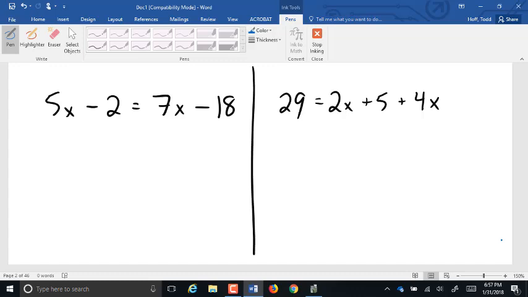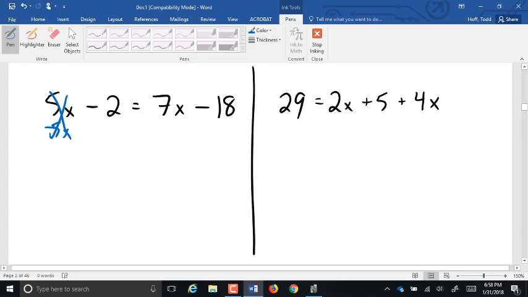Well, before we start solving, we've got a variable on each side. We're going to combine them, get rid of one of them. Use the smaller one, and you're correct. That's the 5x. So we'll subtract the 5x. That's gone, leaving us with negative 2. On the other side, we have to subtract 5x from the 7x. 7x minus 5x is 2x, and we still have the negative 18.